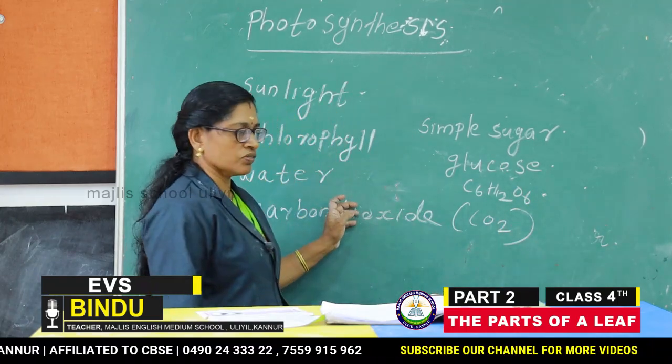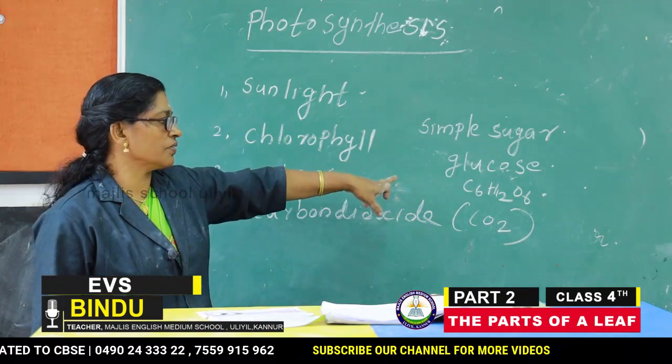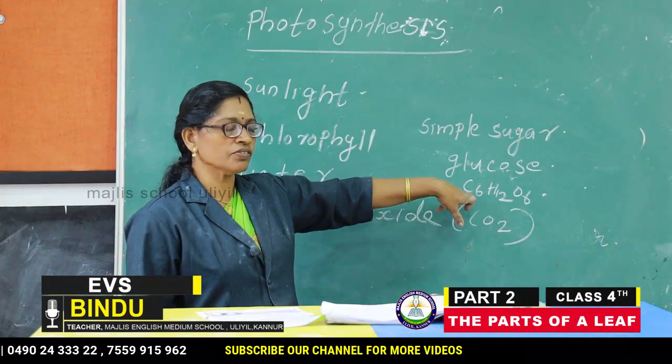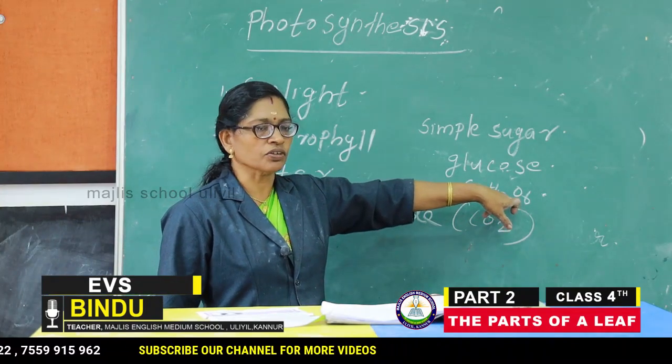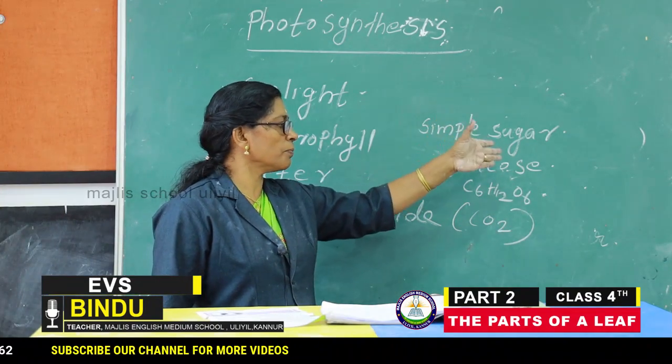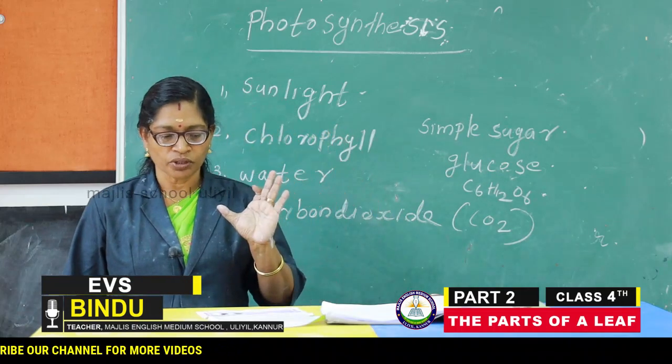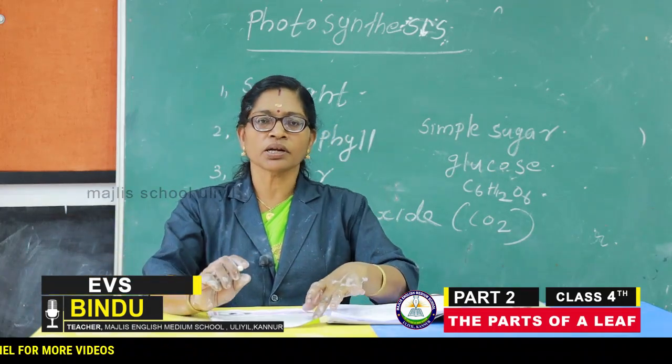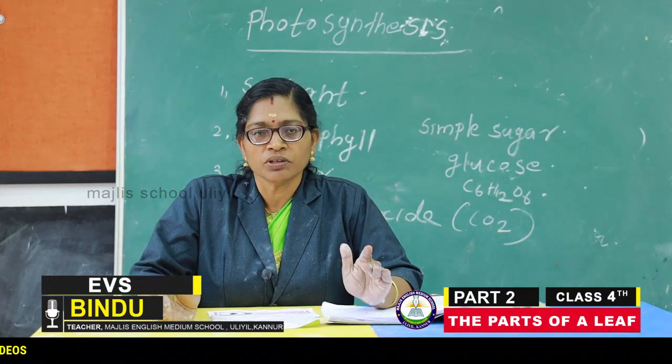C6H12O6. This is the formula of glucose. So, this is a simple sugar or glucose. I think you all clear photosynthesis?